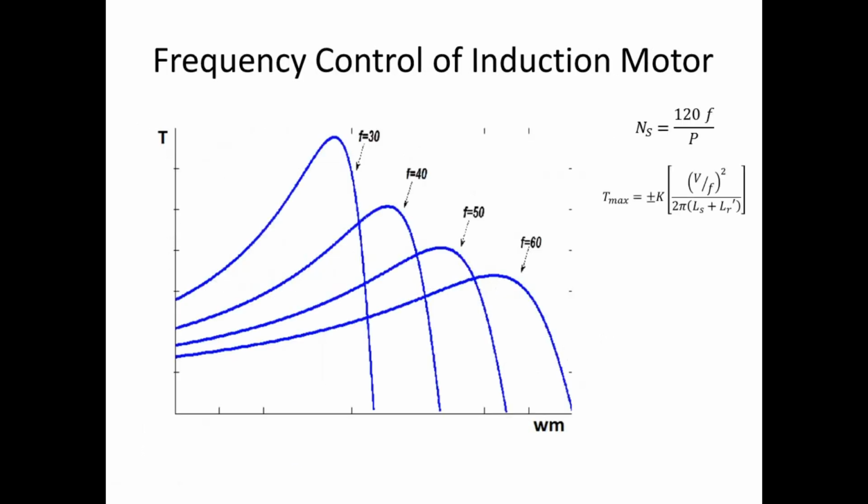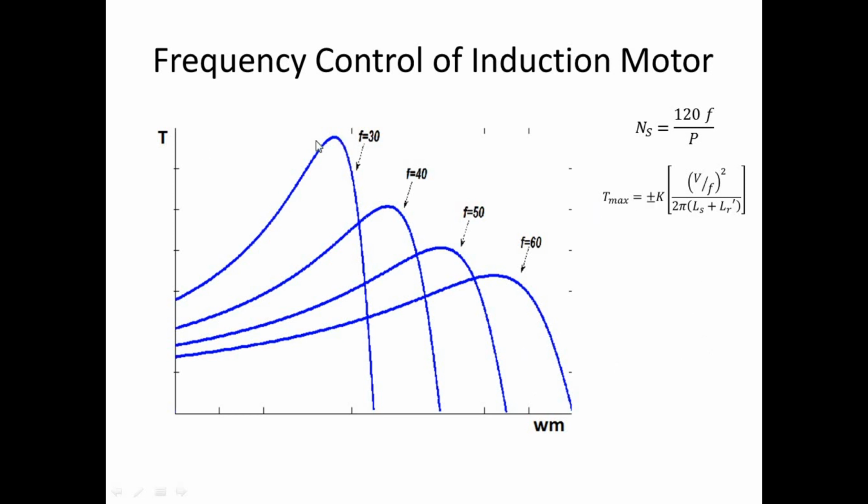And we can say, if we are considering the torque-omega curve, the torque-speed curve, if we are increasing the frequency, ns will be increasing, thus speed will be increasing. See, if you are considering the torque-speed curve for different frequencies, on this side frequency is increasing, so speed is increasing, but T max will be decreasing.